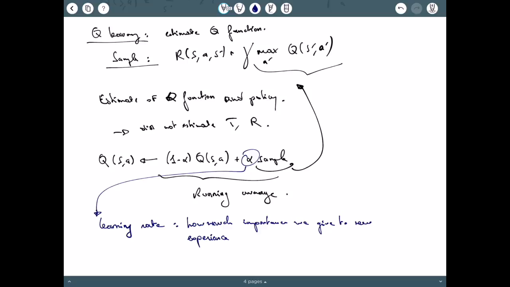You can see with this formula that if you have a high learning rate, you will incorporate new information faster, but the estimate of the Q function will jitter more. If you have a lower alpha, you will have a lower variance, but the value of Q may take more time to converge to the optimal value. So there's a trade-off here.